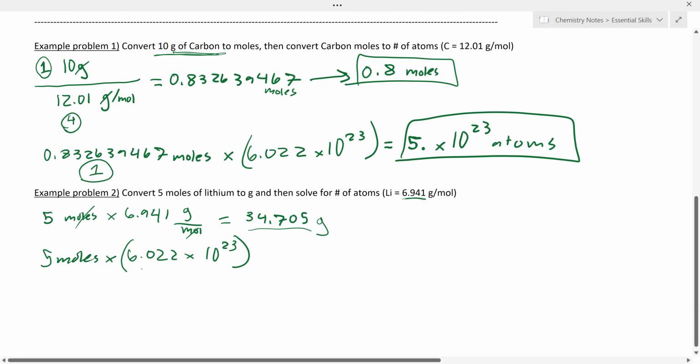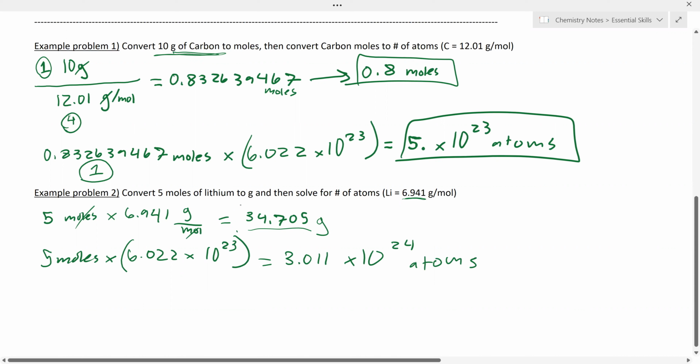Put that in parentheses for PEMDAS, or else you'll do the 5 times 6 first, and then you do times 10 to the 23. No, you want this. This number is its own thing. Okay. So I go 5 times, in parentheses, 6.022 times 10 to the power 23. And you get 3.011 times 10 to the power 24 atoms.